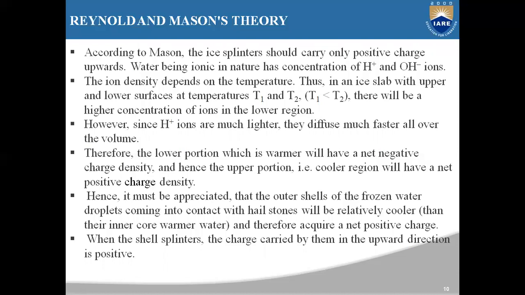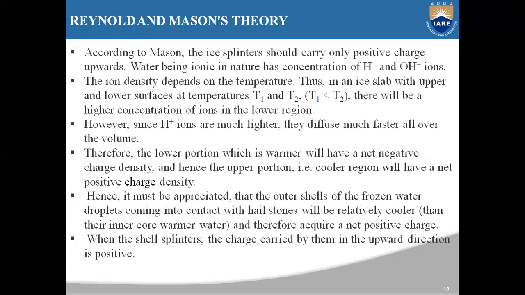However, since H plus ions are much lighter, they diffuse much faster all over the volume. Therefore, the lower portion, which is warmer, will have a net negative charge density, and hence the upper portion, that is the cooler region, will have a net positive charge density in the ice particle region.